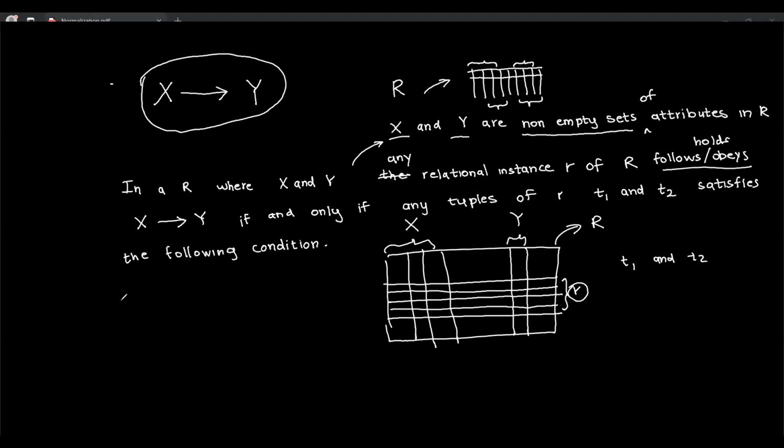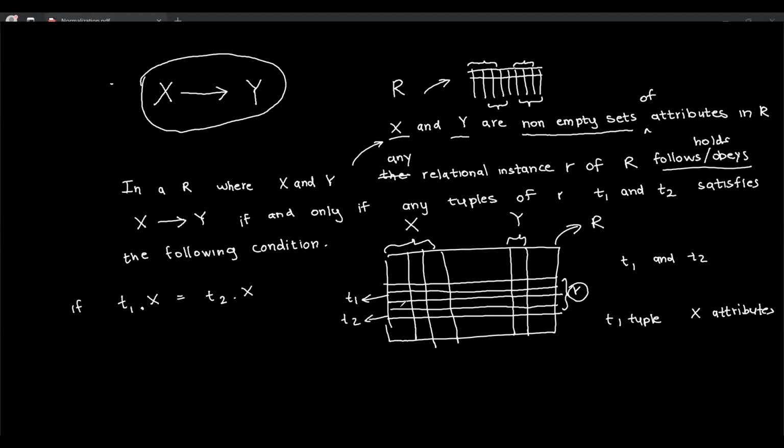If t1.X is equal to t2.X, what does that mean? Well, in the t1 tuple, there must be values for the X set of attributes. Let's say this is t1, and let's say this is t2.